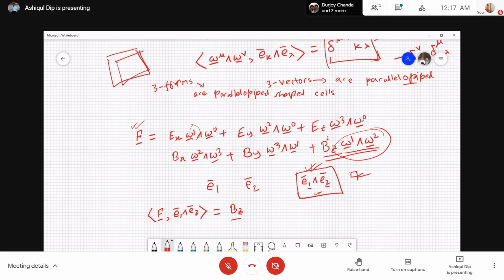The more field you have, for the same rectangle, same parallelogram, you'll have more value for flux, right? So that's basically the geometric representation of the electromagnetic field tensor.